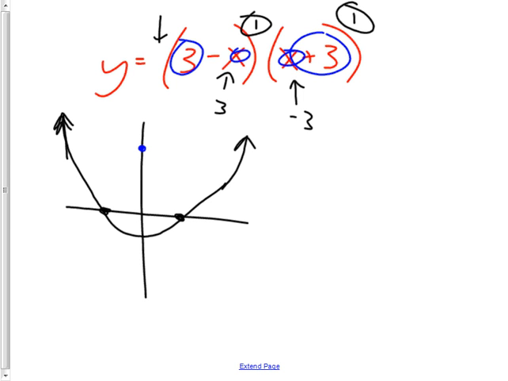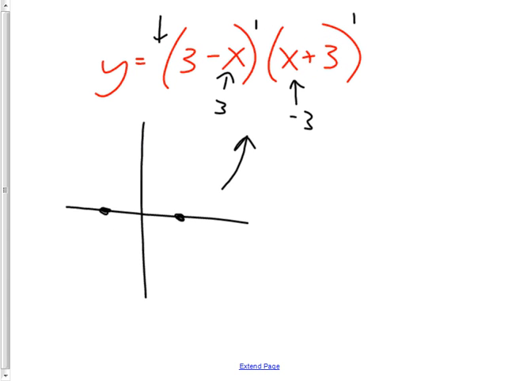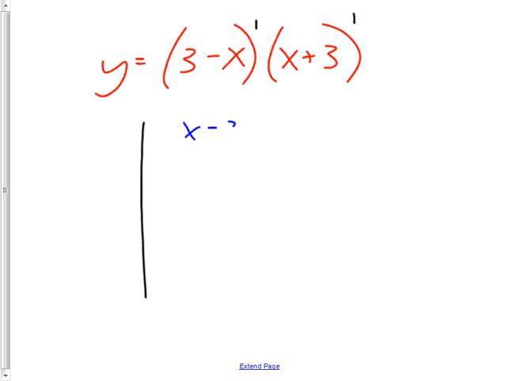All right, so here's the flaw in the problem. This one, what's different about this one than all the other ones we have? There's 3 minus x. Would you agree that 3 minus x and x minus 3 are not exactly the same thing?